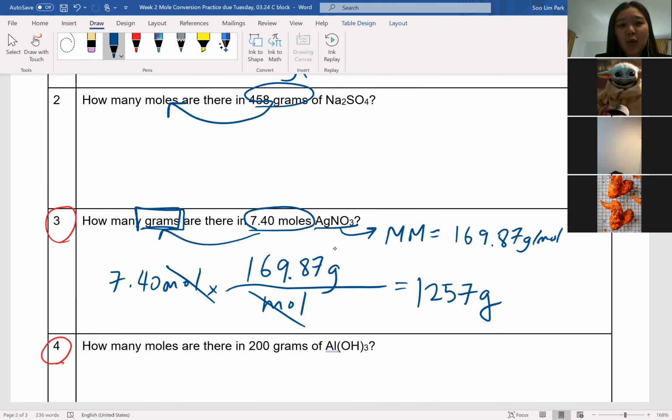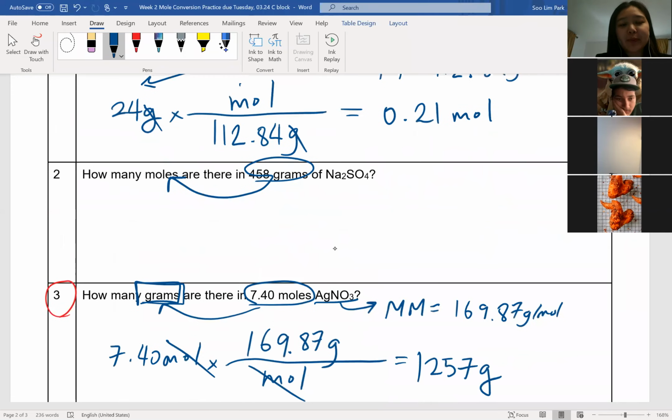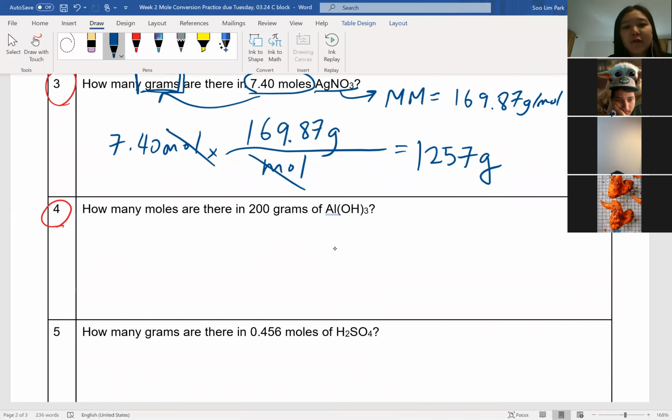All right, so let's do one more problem for mass to moles. All right, number 4. I wanted to go over molar mass calculation of this compound because I think some people are messing up the molar mass calculation. So when you're given a compound like aluminum hydroxide, that 3 outside the parentheses means that we have 3 oxygens and 3 hydrogens, right?